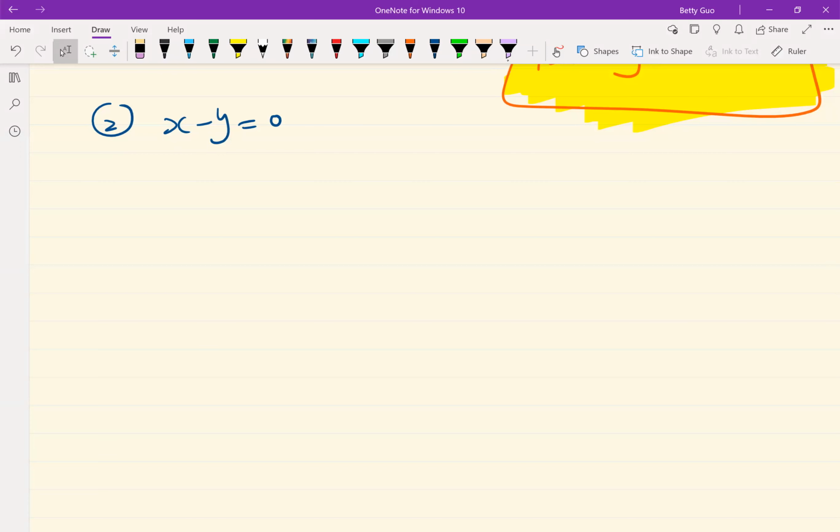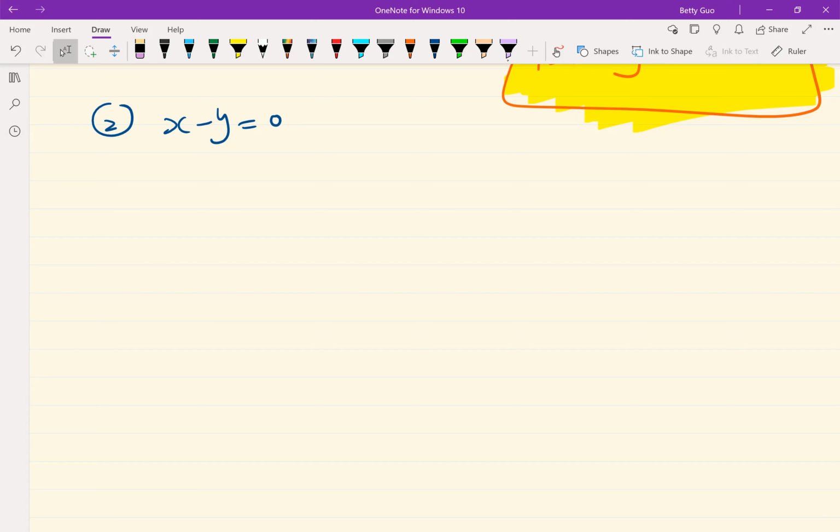You have to isolate the y on the left. If you have a negative y on the left, what you can do is divide both sides by negative 1. In this case, the coefficient of y is negative 1, right? Earlier, in the first problem, the coefficient is 4, so you divide both sides by 4.